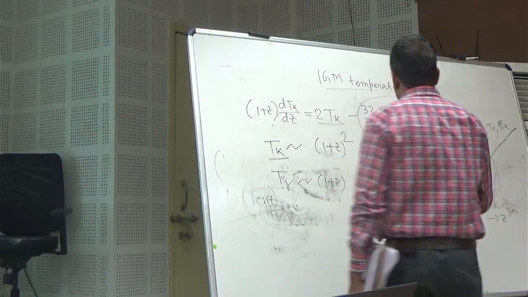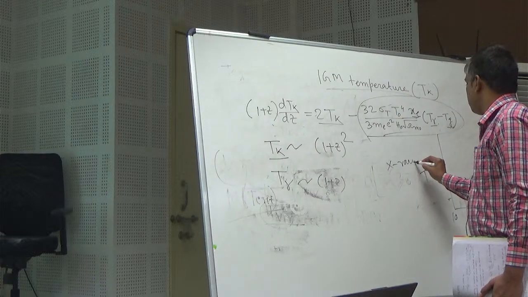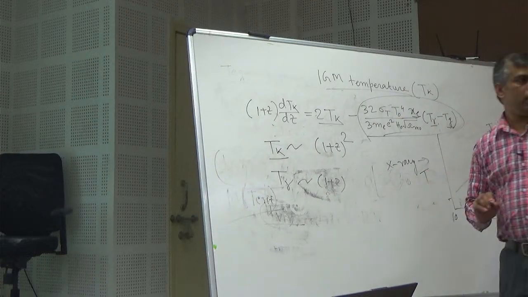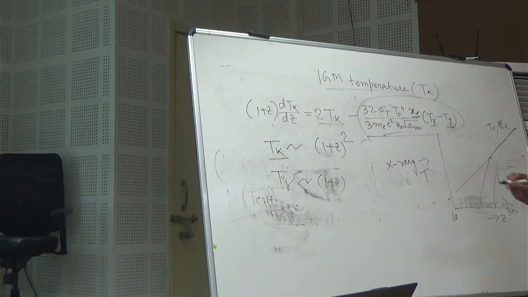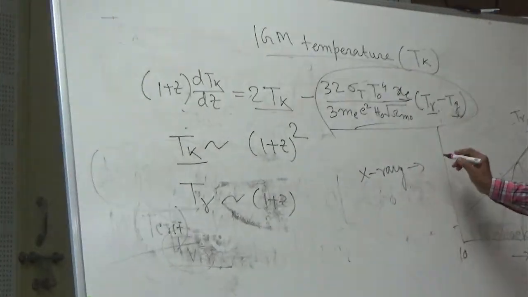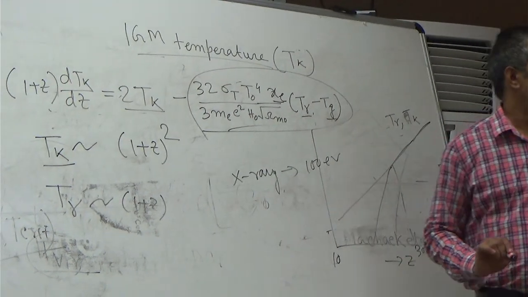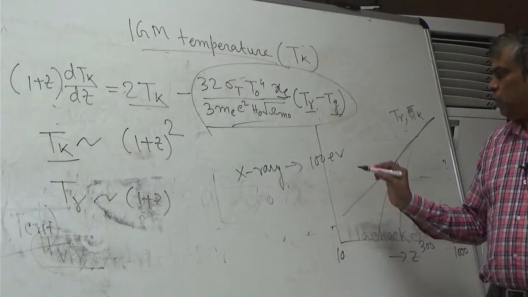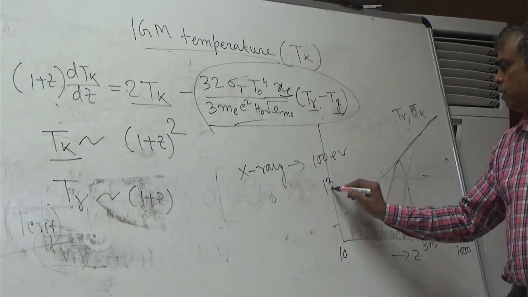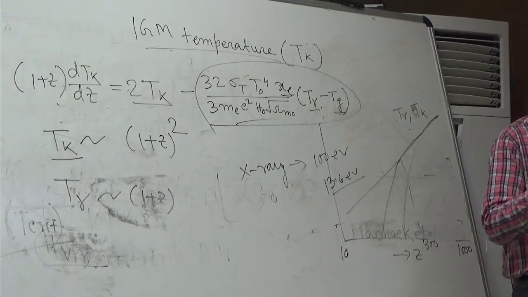Because we know X-ray photons are very energetic, one X-ray photon can have energy more than 100 electron volt, right? Now you need only 13.6 electron volt energy to ionize one hydrogen.